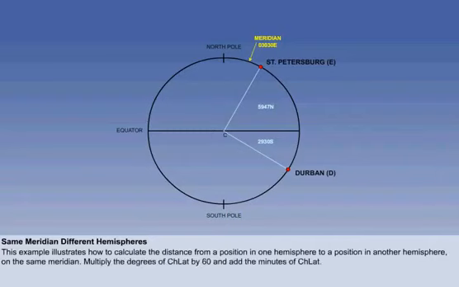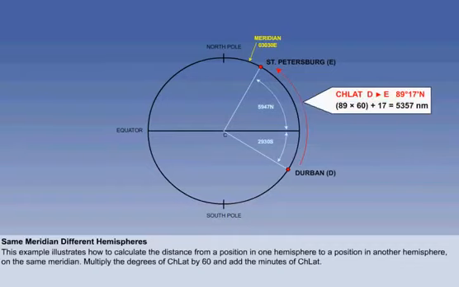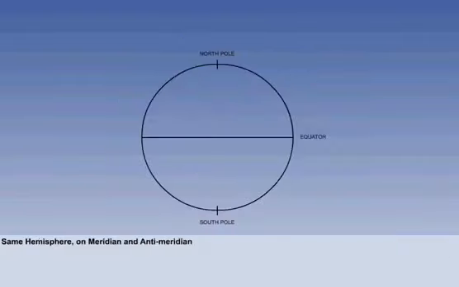We can see that from the southerly position of Durban to the equator is 29 degrees and 30 minutes, and from St. Petersburg to the equator is 59 degrees and 47 minutes. The total ChLat is therefore 89 degrees and 17 minutes. This equates to 5,357 nautical miles.